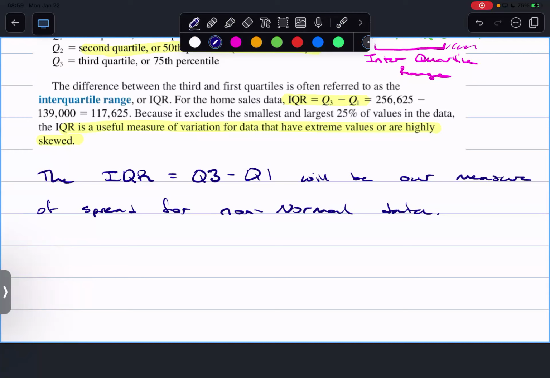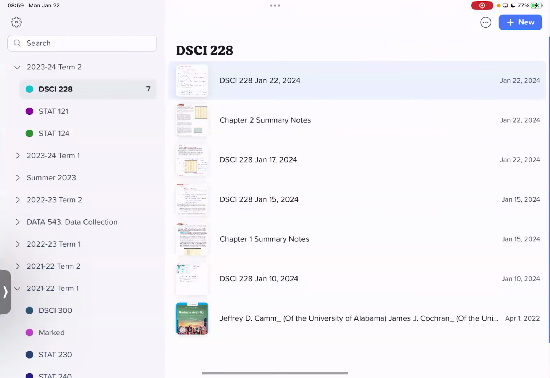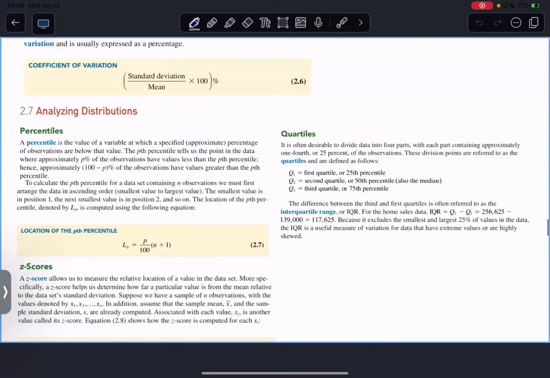So, okay. So now we've got the shapes, we've got the center, we've got the spread for normal and non-normal distributions. And so kind of the next step is to be able to identify outliers, right? So we can look at a distribution and it might look something, do I have an example in here? I don't know. Let's see.